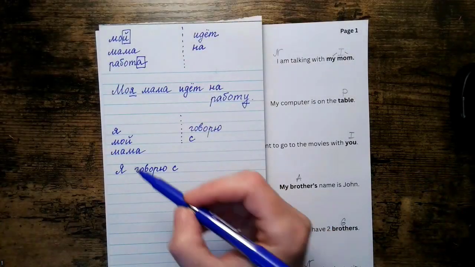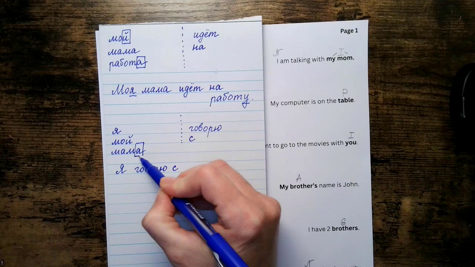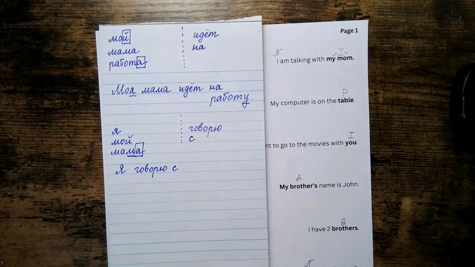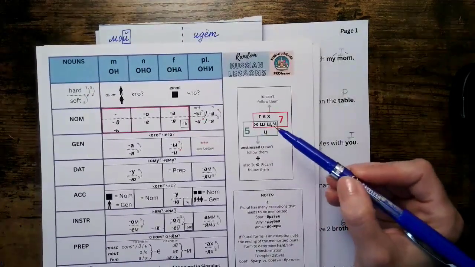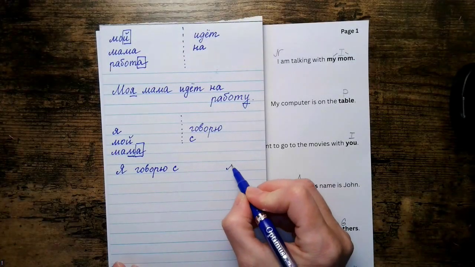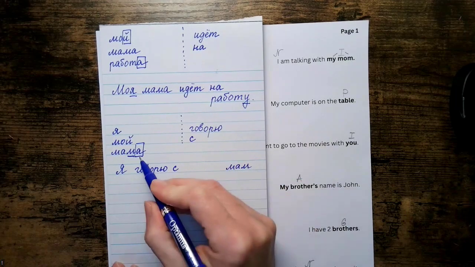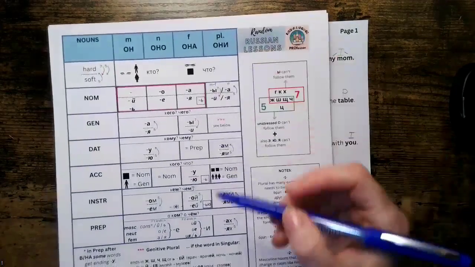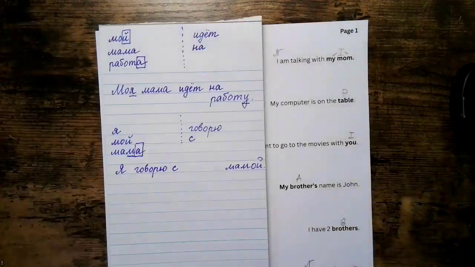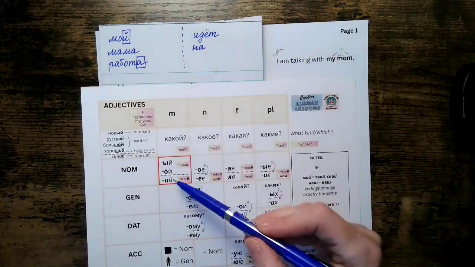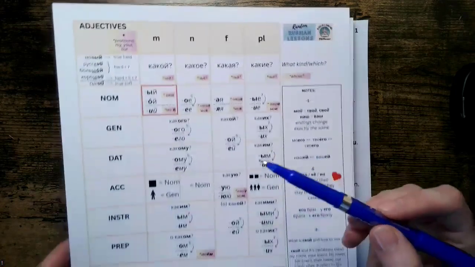Now the word мама, if we drop а, then we're left with the letter м. М is not part of the 5-letter rule, so this does not apply. So all we have to do is to use this ending. So it will be мамой. We dropped this one and we added ой, because that's our feminine hard ending. Okay, then мой, remember, that's the default form and it's masculine, but what we need is feminine instrumental.